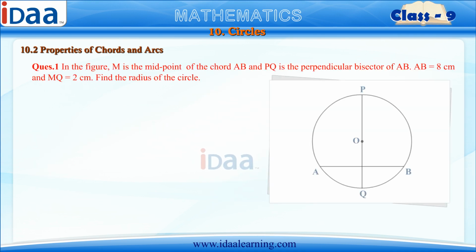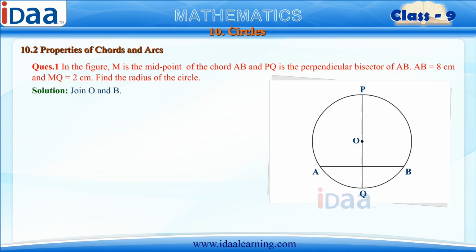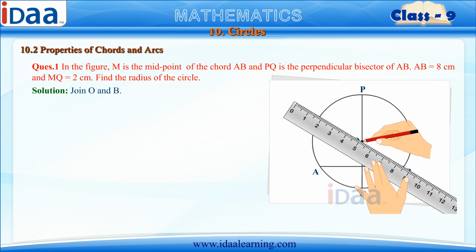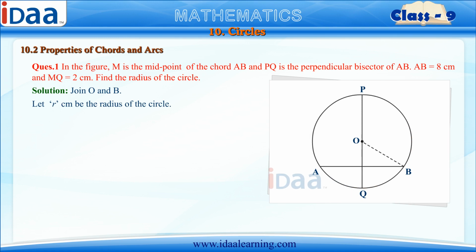Question 1. In the figure, M is the midpoint of the chord AB and PQ is the perpendicular bisector of AB. AB is equal to 8 cm and MQ is equal to 2 cm. Find the radius of the circle. Solution. Join O and B. Let R centimeters be the radius of the circle.